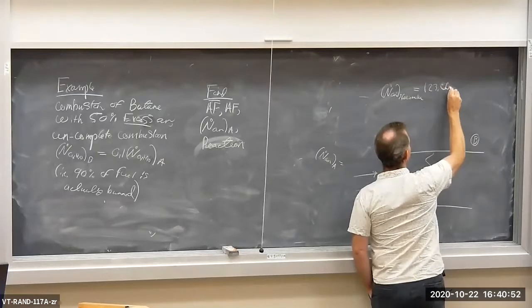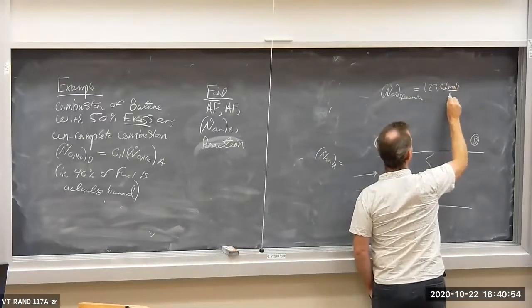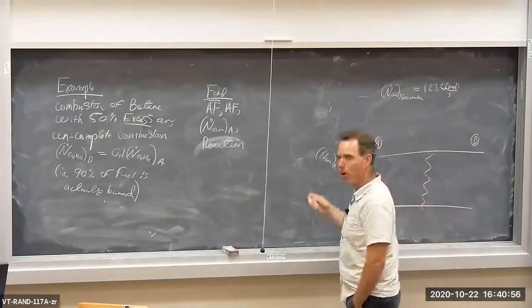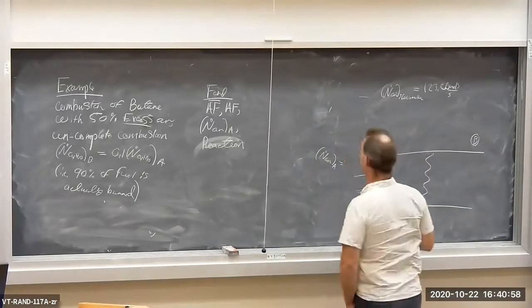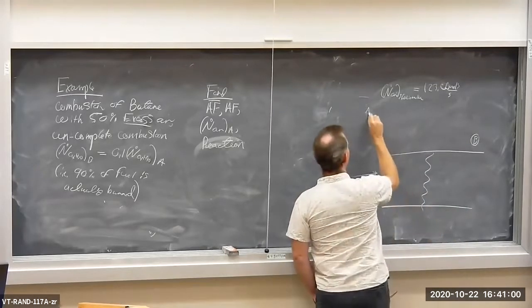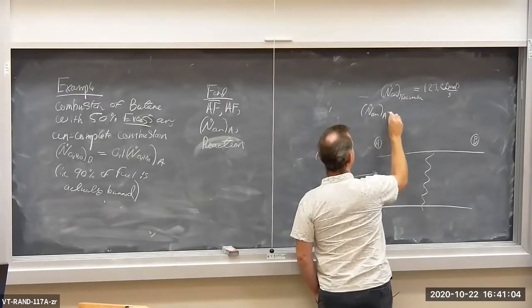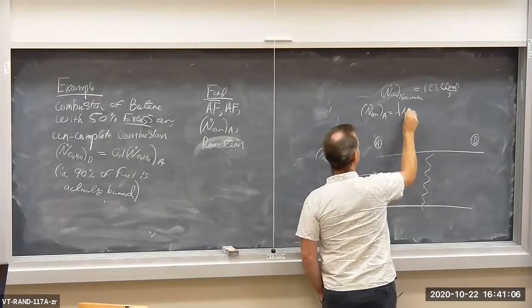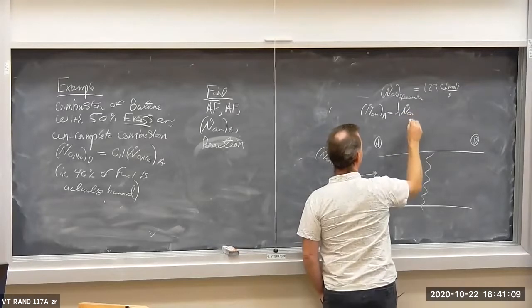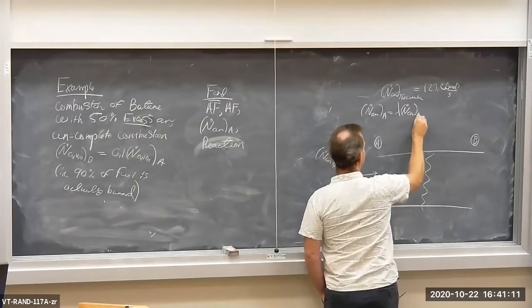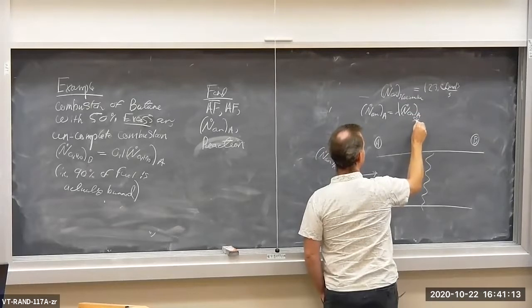So the new flow rate is 50% more than that. So N dot air is equal to lambda times N dot air stoichiometric.